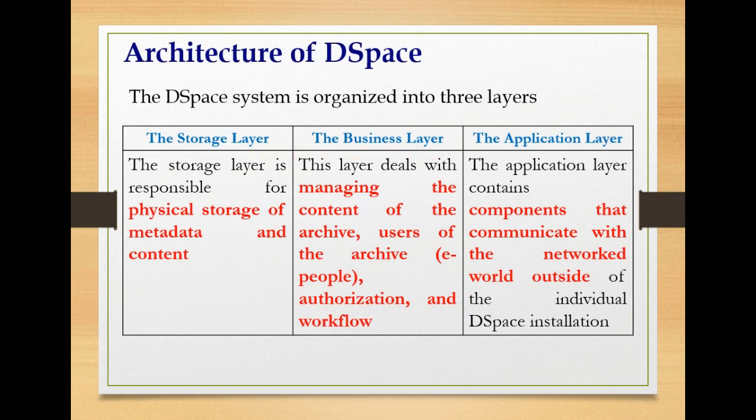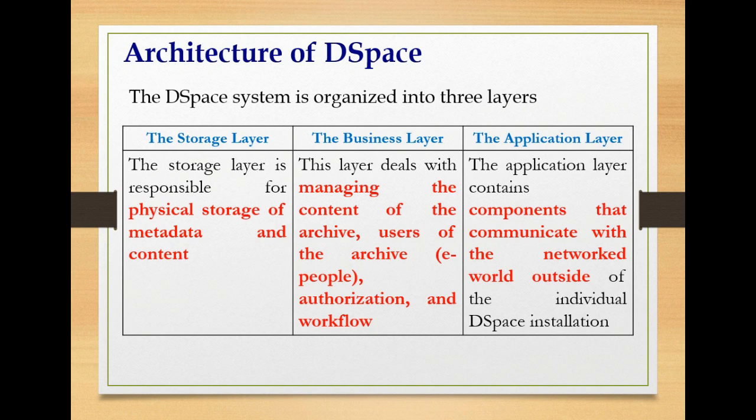Now let us understand the architecture of DSpace. How does it organize the content? Basically it works in three layers: the storage layer, the business layer, and the application layer, and each layer functions in a different way. The storage layer is mainly responsible for physical storage of metadata and content. The business layer is mainly responsible for managing the content of the archive, the users of the archive, that is the e-people, authorization, and the workflow.